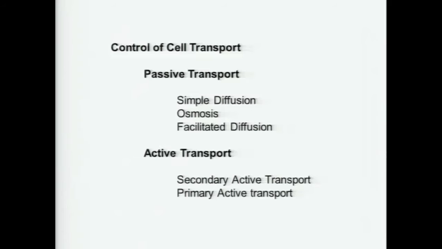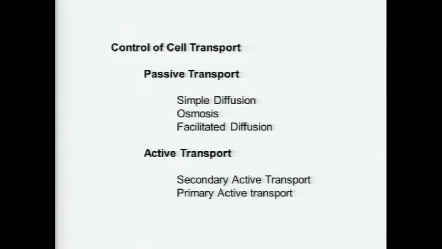Cells have to control cell transport. Okay. And I'm not going to go over these mechanisms of cell transport because we talked about them ad nauseum last semester. If you need a review of them, I recommend that you go back and review them on your own.